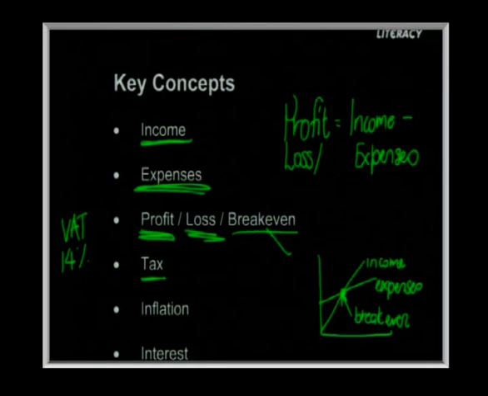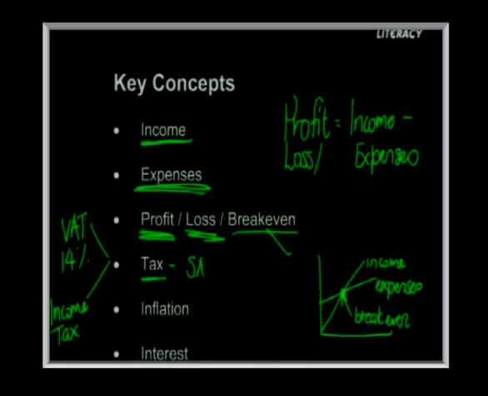And at this moment in time, we are dealing with 14% VAT. Another type of tax that we all have to pay if we earn any money is income tax. And depending on how much we earn will depend on how much we have to pay the taxman. The taxman in South Africa is SARS, which is the South African Revenue Service.